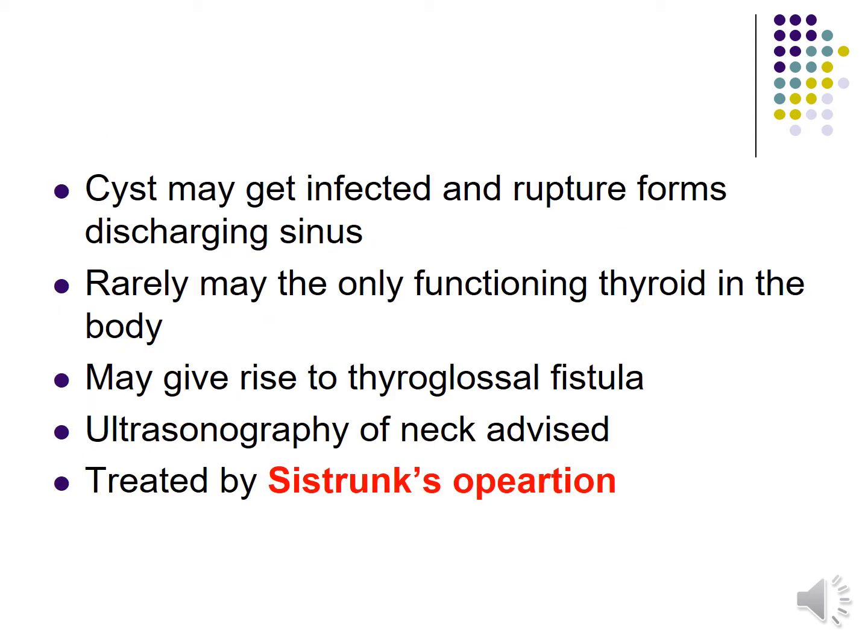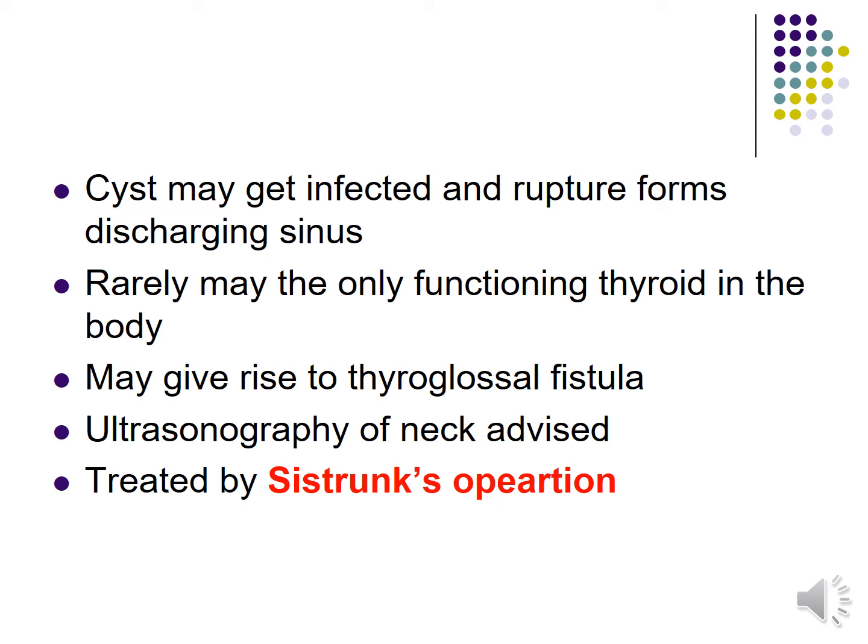Thyroglossal cyst may get infected or rupture and form a discharging sinus. Rarely it may be the only functioning thyroid in the body and may give rise to a thyroglossal fistula. These are the complications of the thyroglossal cyst: infection, fistula formation.